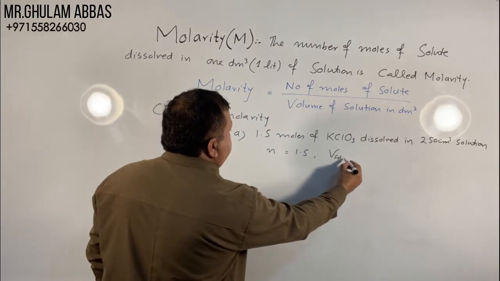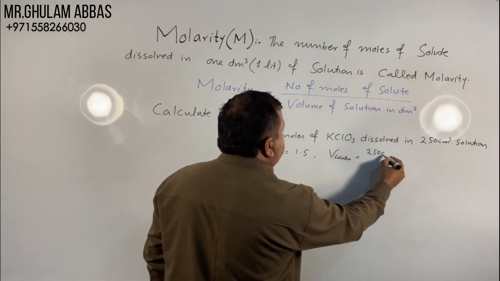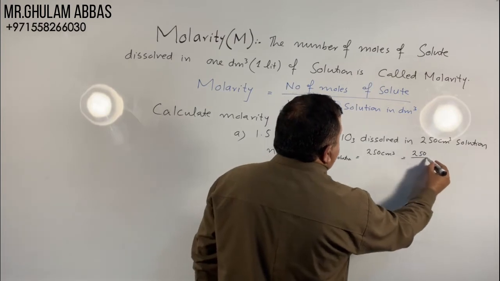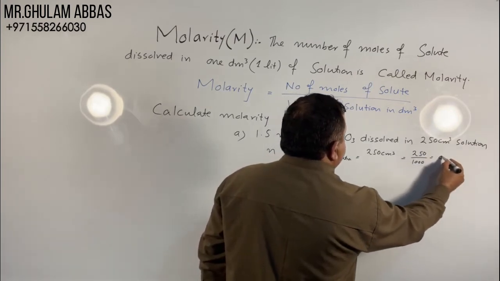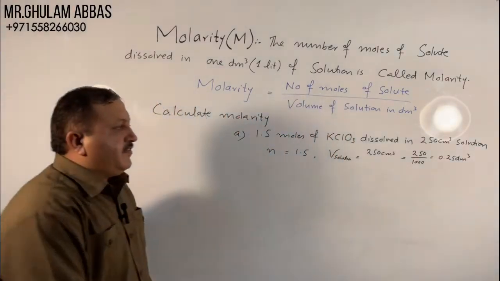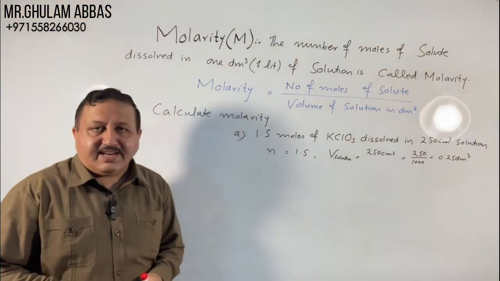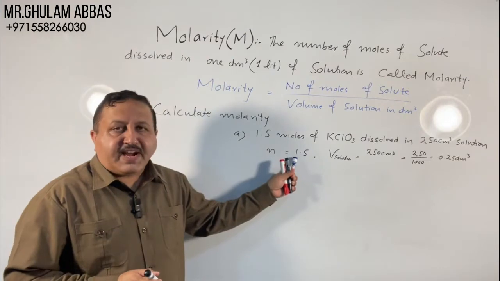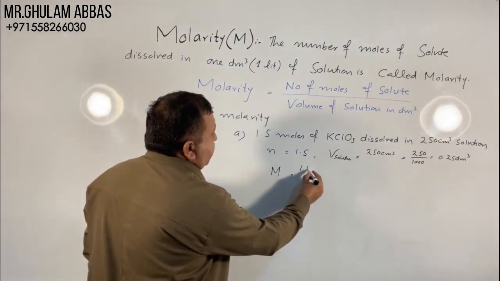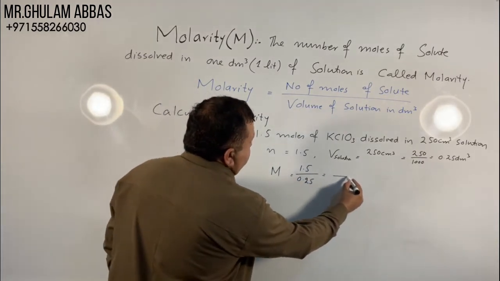Volume of solution is equal to 250 cm cube, which will be equal to 250 divided by 1000, 0.25 dm cube. Then we will put these values into this formula to calculate the molarity. So molarity will be equal to 1.5 divided by 0.25. This will be the answer.